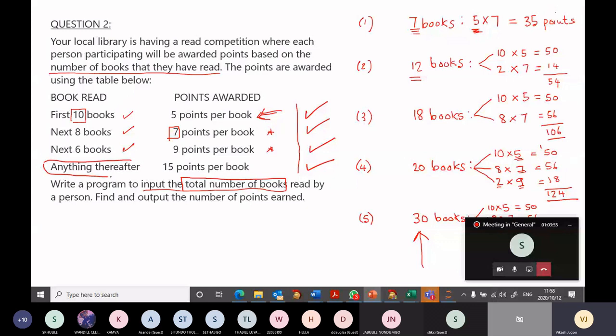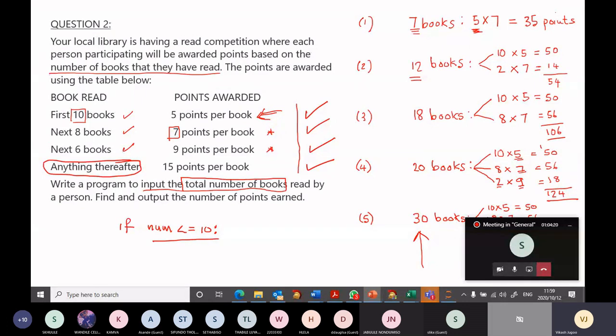So in terms of the if, I'm going to have an if the number of books for the first 10, means it's less than or equal to 10. So I'm going to have an if check like that for the first 10, and then I'm going to do something.